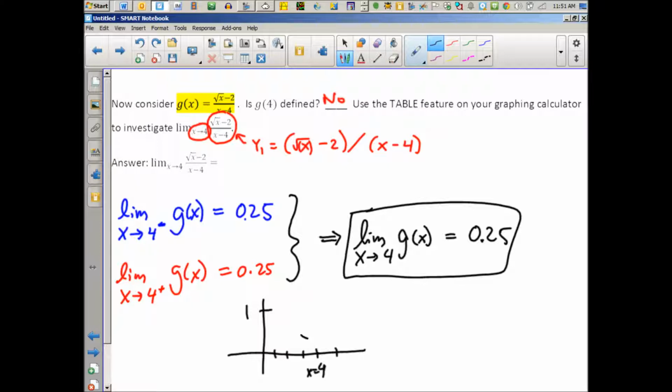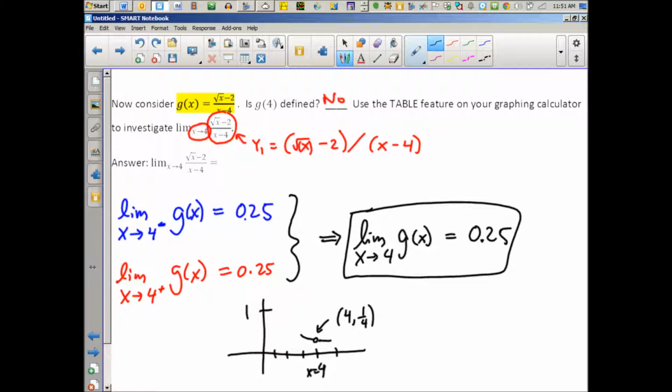So whether you're coming from this side or from the right side, the graph is approaching the point 4, 1/4. Now actually at 4, 1/4, nothing is there. How do I know? Because g of 4 doesn't exist. But the limit exists.